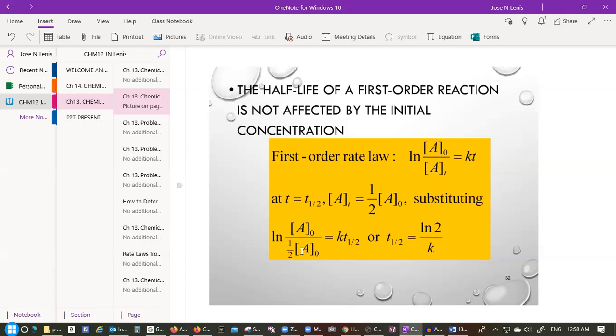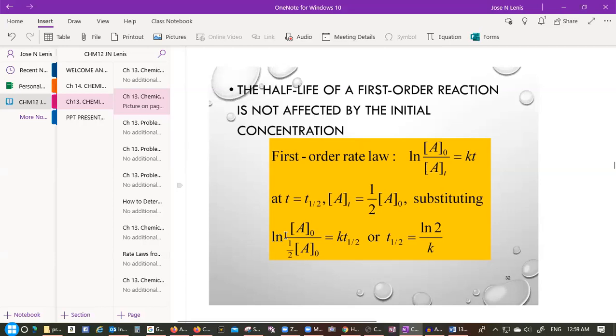Yes or no? 1 over 1/2 equals 2. Not too sure? Well, you can go and ask your little brother or sister. They can help you to demonstrate that. 1 over 1/2 equals 2.